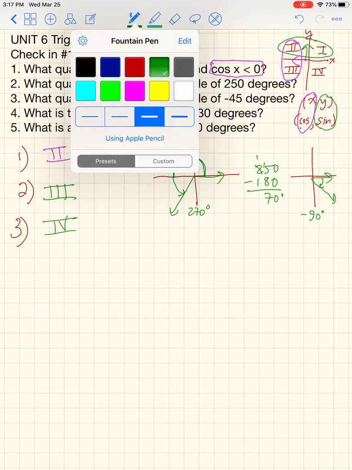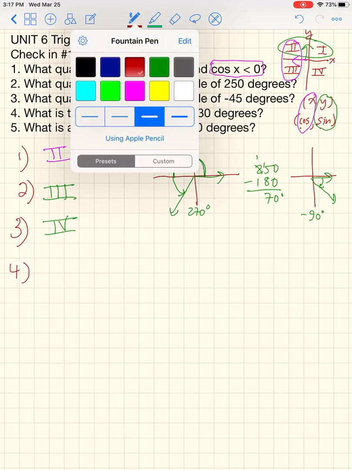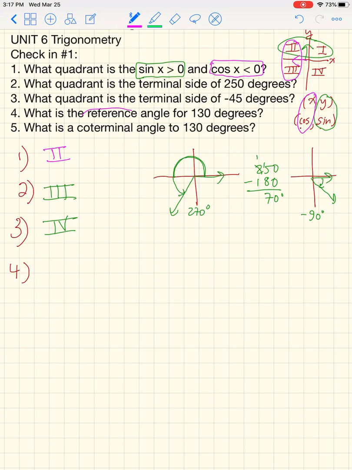Number 4, the reference angle. You do have to remember what reference angle means, okay? Reference angle is how far you are from the x-axis. So once you know where 130 is, it is past 90, but it's not up to 180.